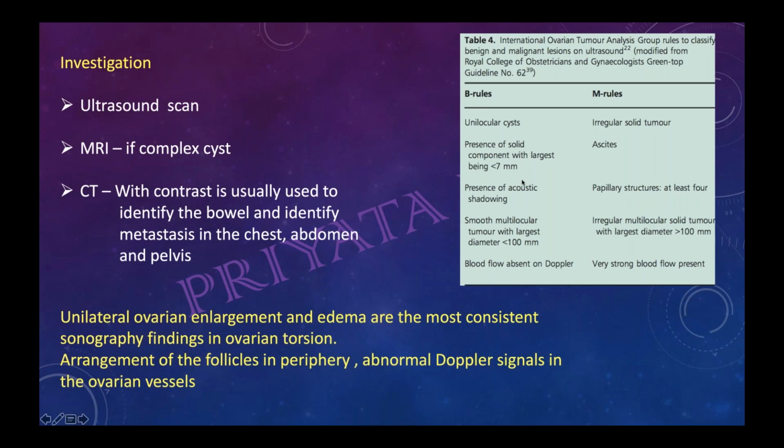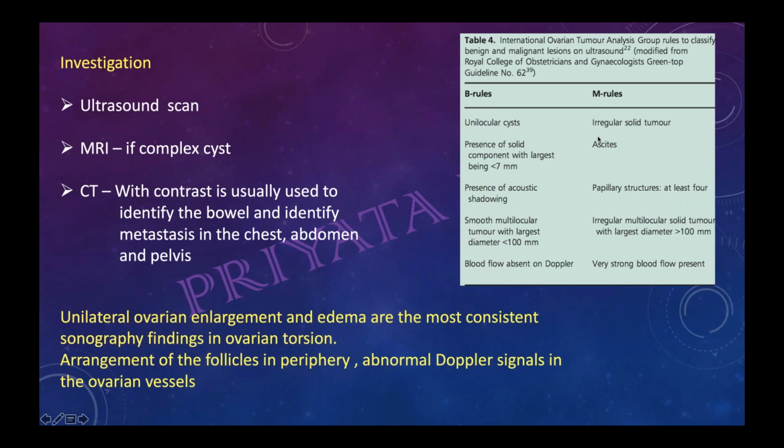So usually posterior shadowing is there. If it is multilocular, then the size has to be less than 10 centimeter. There will be no blood flow on Doppler. So these are the B rules.